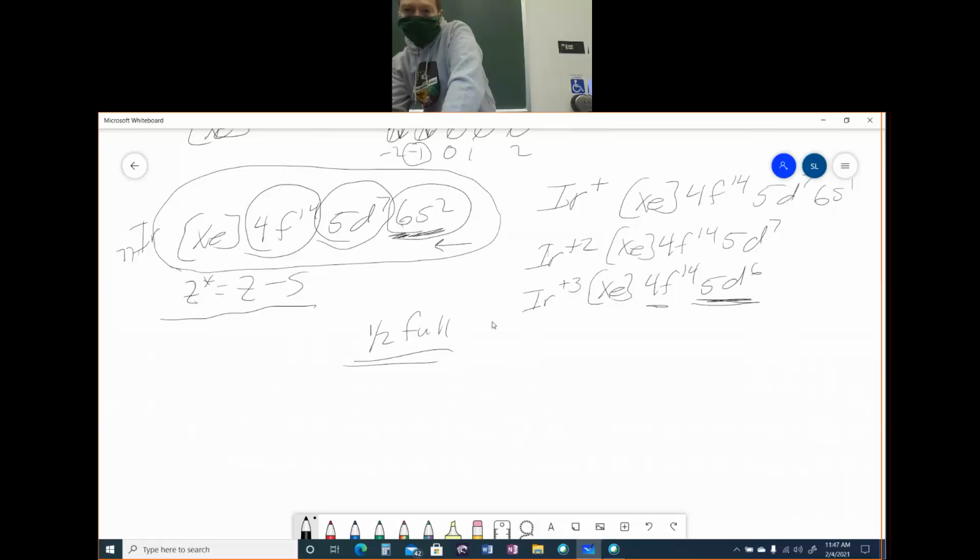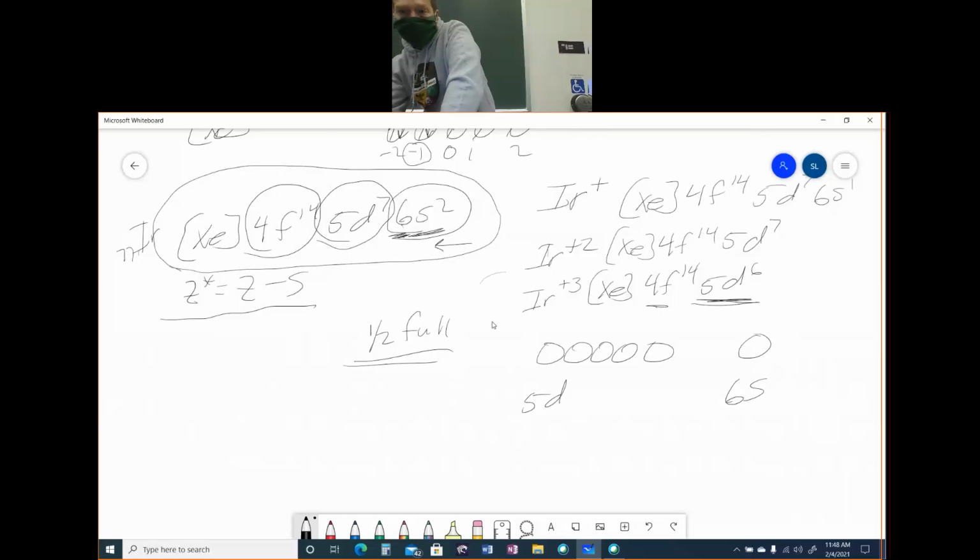So for iridium +3, I would not be surprised if you had, all right, so we have the f is full. I'm not going to put it. So you have your 5d, and you have your 6s.